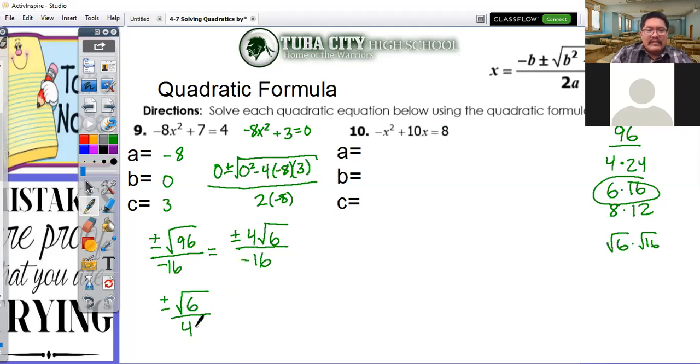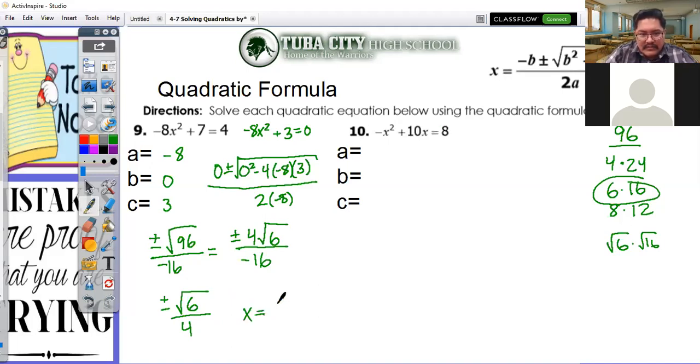Now, I also don't need this minus on the bottom, but if you leave it in there, I'll still count it as correct because it's just not something that we see all that often. This is probably like the second time you're ever seeing this. I wouldn't be surprised. So if you leave that negative there, whatever, I'll take it. But in this case, it looks like this is our answer.